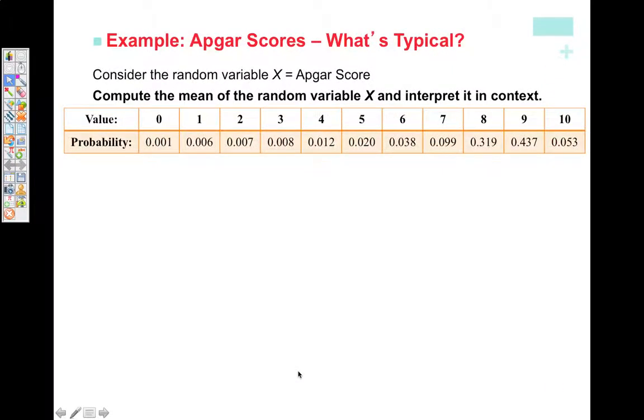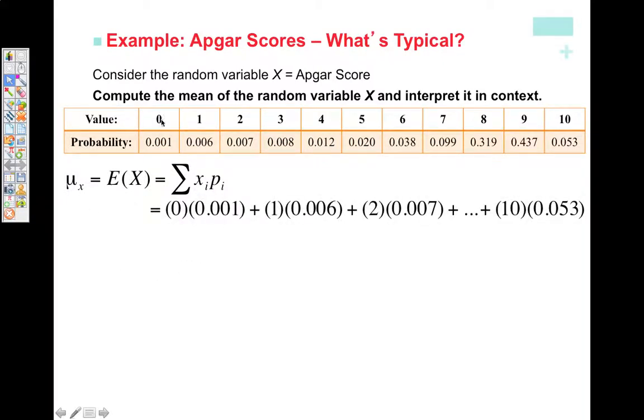So let's go back to our Apgar scores, find the mean of this random variable and interpret it. Pause the video right now and try to apply this formula. So here's our formula, let's go. 0 times 0.001, 1 times 0.006, and so on.